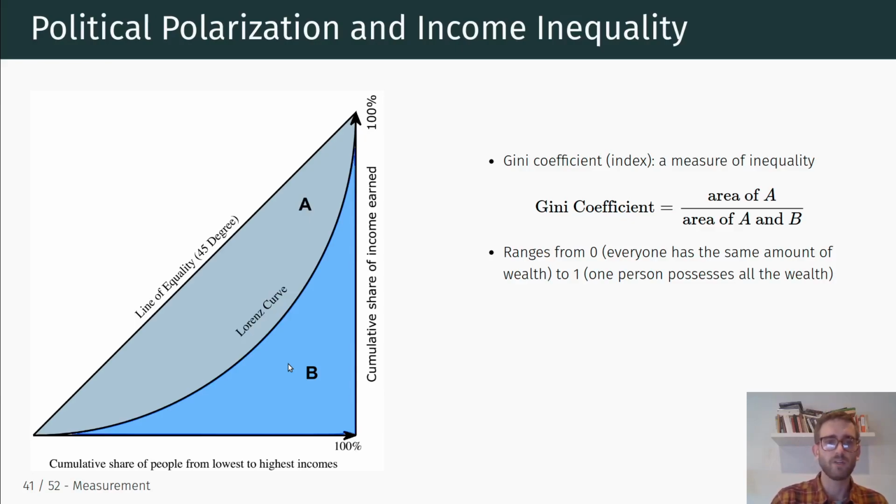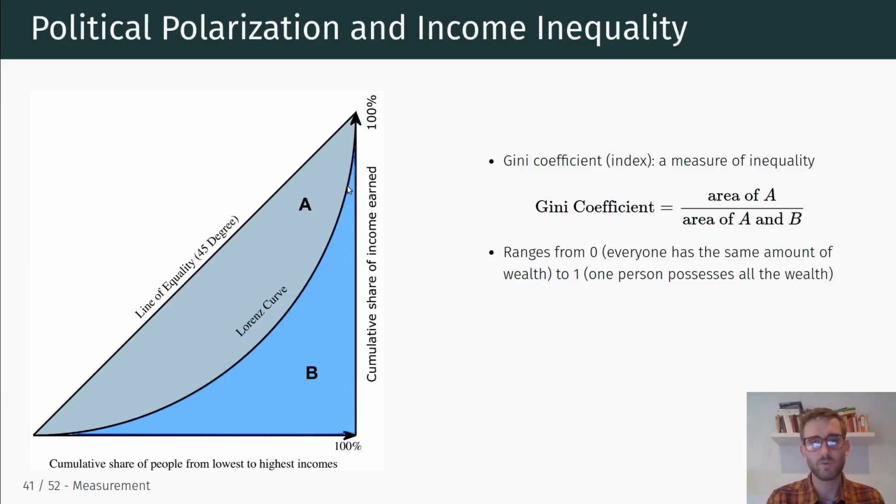If this is just a 45-degree line, that means that every individual has the same amount of wealth, right? And the more this line is curved, the more wealth there is at the top and the less wealth there is at the bottom of the distribution.